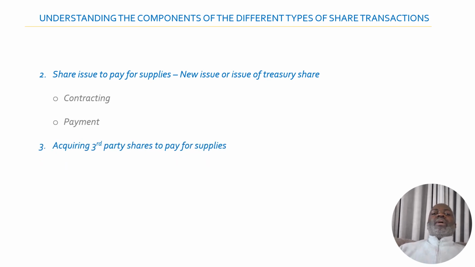Another type of share transaction is where third-party shares can be acquired for the purposes of paying off a supplier. So here you have to be clear that between the supplier and us, or the taxpayer company, what is the transaction there before we go to the mode of payment?